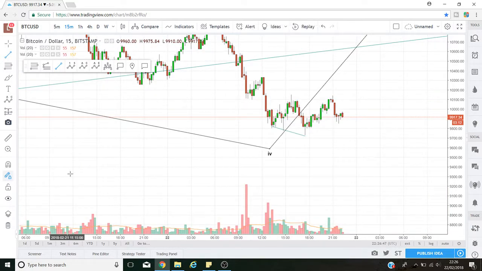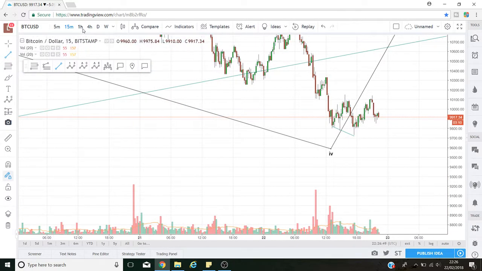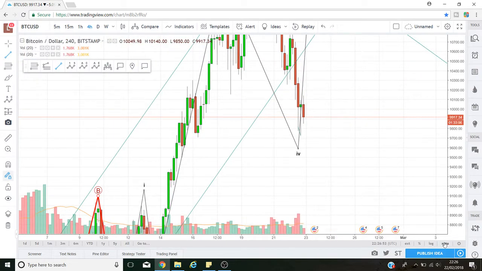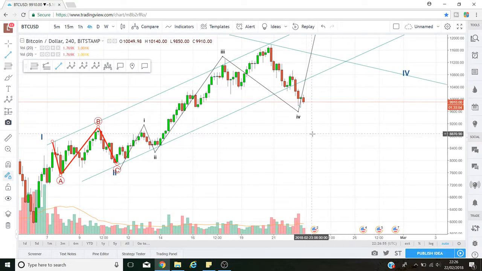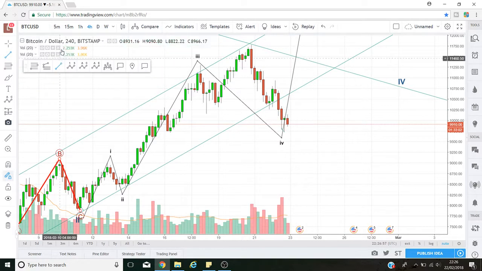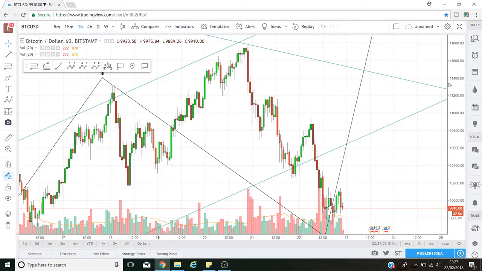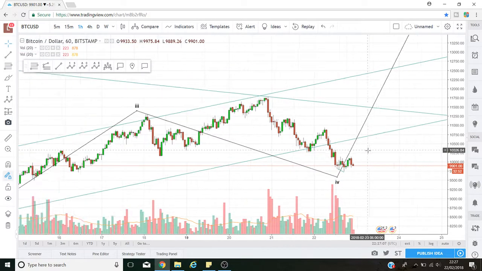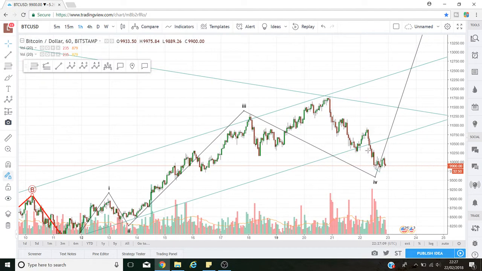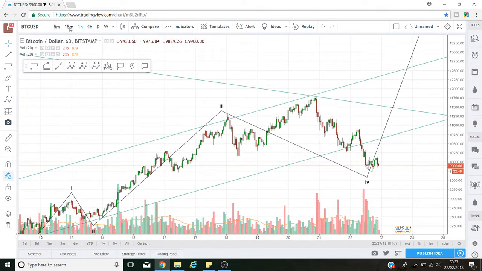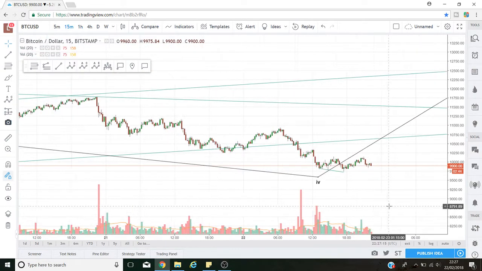Let's get rid of the RSI. Let's look on the 4-hourly. Adjust that. No, we need at least the hourly, I think. In fact, the 15-minute chart.